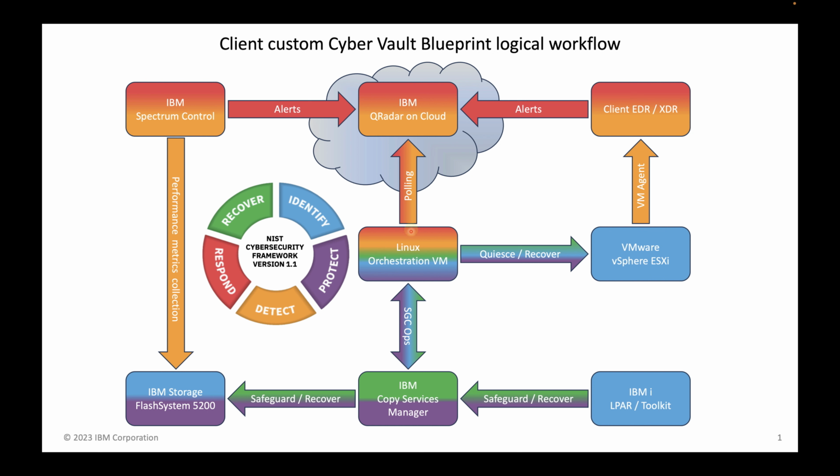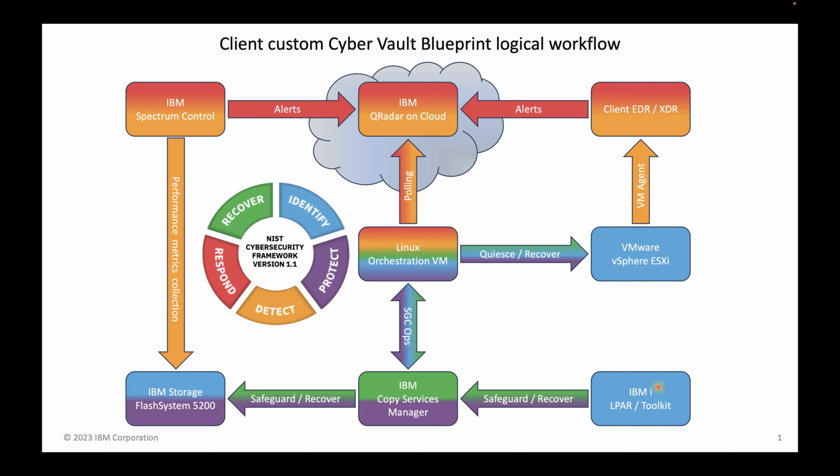And once it determines what safeguarded copy session to protect, it will go ahead and issue through Copy Services Manager in the flash system a response to protect that. And it also has the ability to limit the number of responses in an interval to avoid a denial of service type of attack.